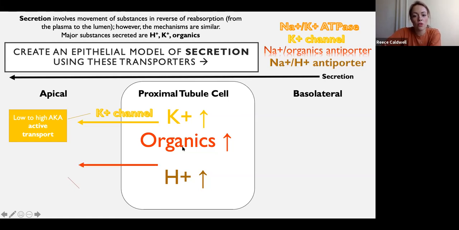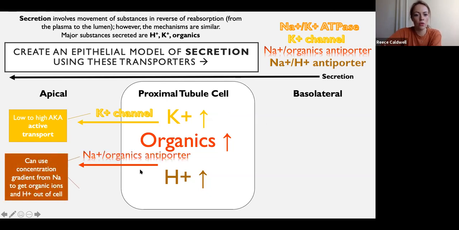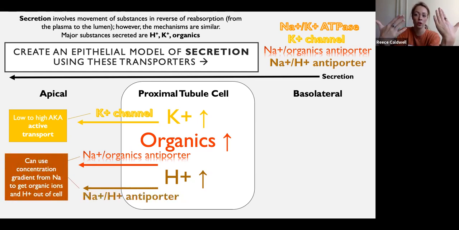Then we need to move those organic ions out of the plasma. So what we use is the sodium organics antiporter. So what we see is that we'll use the concentration gradient from sodium moving into the cell to get those organic ions out of the cell, as well as hydrogen. Hydrogen, we also use an antiporter with sodium. Antiporter means opposite direction.